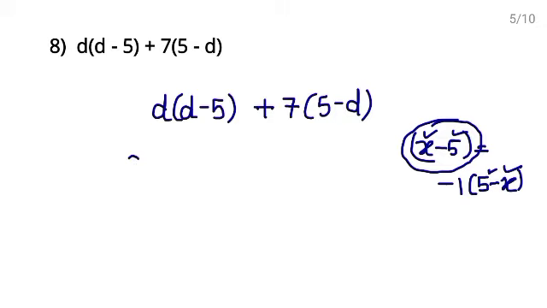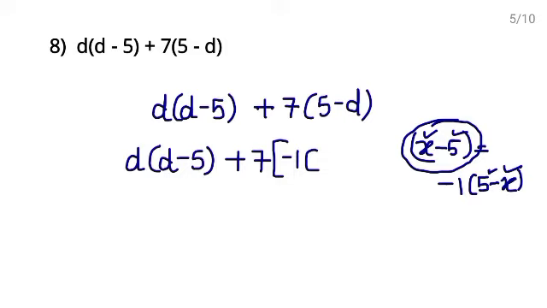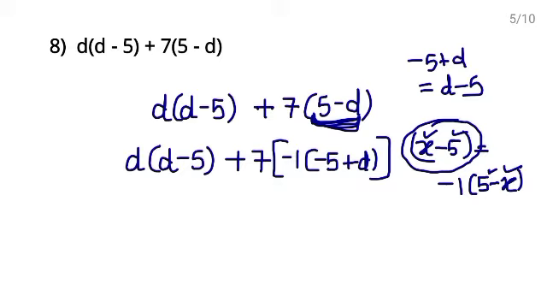Similarly we will do here. d into d minus 5 plus 7. We take minus 1 common from this term. After taking minus 1 common, the signs of these terms will change: minus 5 becomes plus, and d becomes minus d. Minus 5 plus d can also be written as d minus 5. Clear? So I am writing here d minus 5. Now this can be written as d into d minus 5, plus 7 ones are 7 with a minus sign.